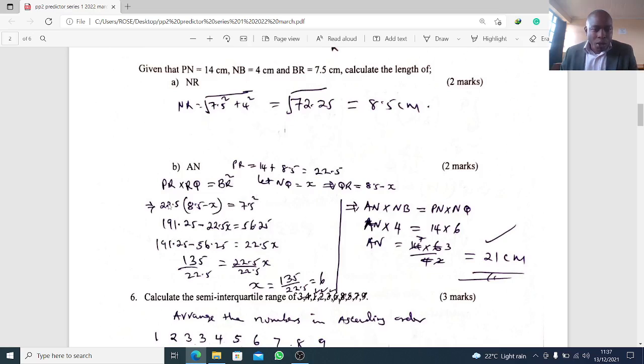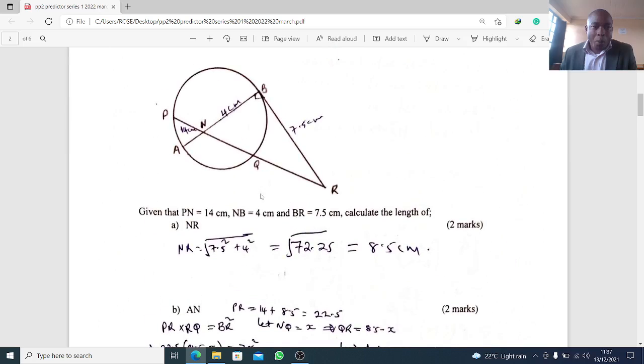From there we open this bracket. This gives you 191.25 minus 22.5x equals 56.25. So we subtract, we get 135 equals 22.5x. Dividing by 22.5 on both sides, we get X as 6. So that is our NQ.